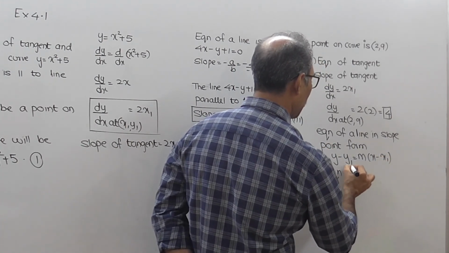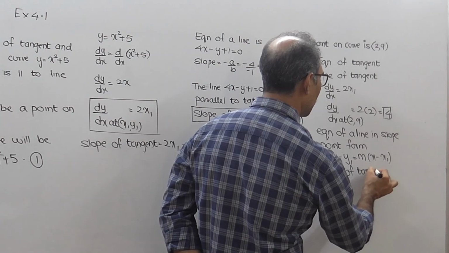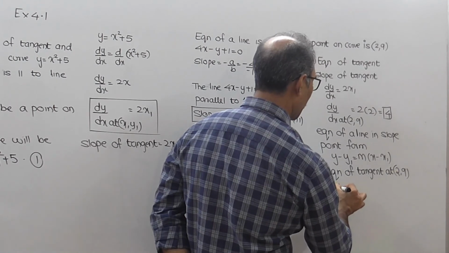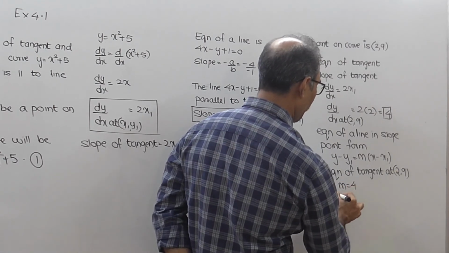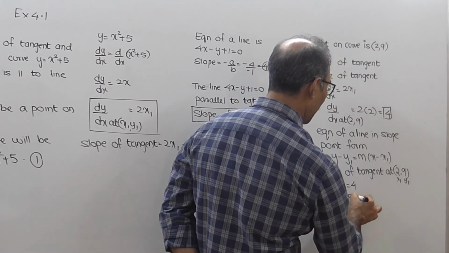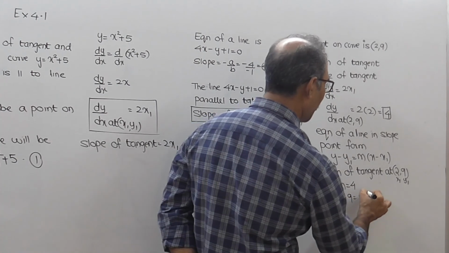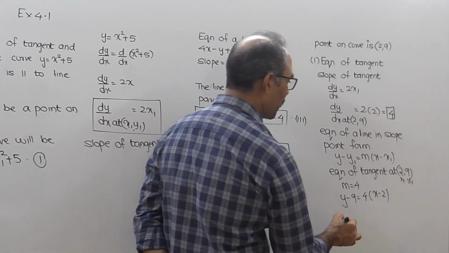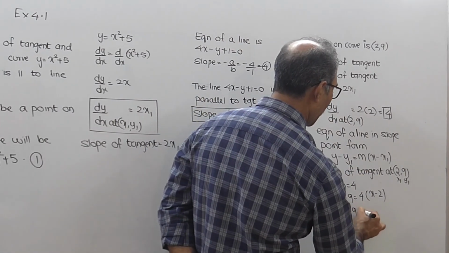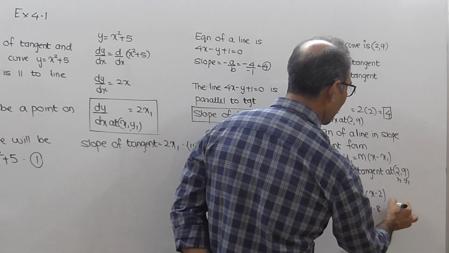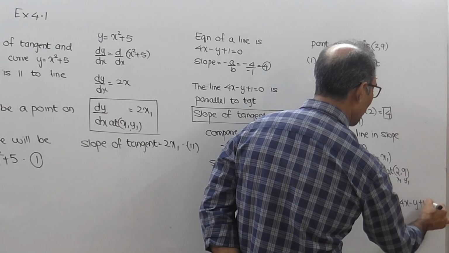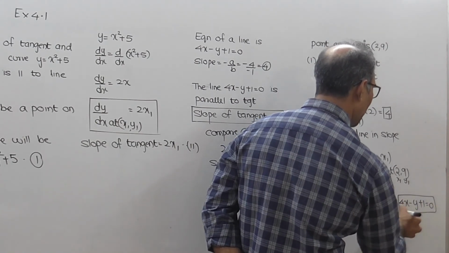Therefore, equation of tangent at 2, 9 and slope m equal to 4 will be, this is x1 and this is y1, y minus 9, y minus y1 meaning y minus 9 equal to 4 into x minus 2. So we get y minus 9 equal to 4x minus 8. I am doing it directly. We get 4x minus y plus 1 equal to 0. This will be the equation of the tangent.